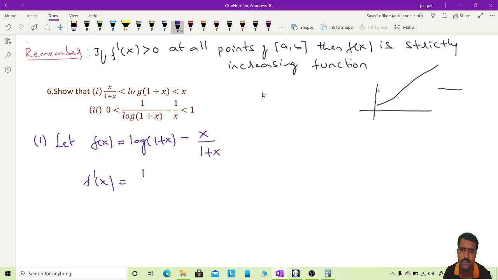So f dash of x is 1 by 1 plus x into differentiation of 1 plus x, which is 1, minus.